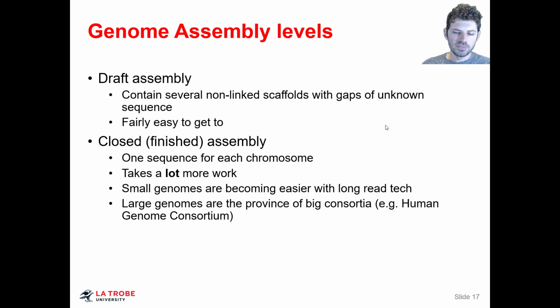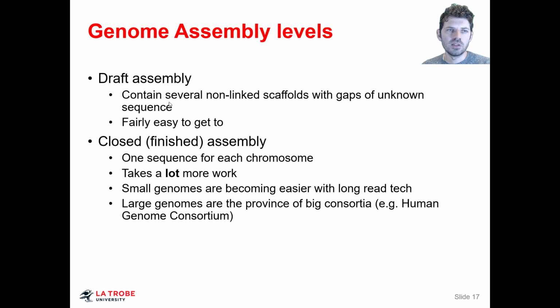Finally, in terms of genome assembly, this is quite a common practice in DNA analysis these days. However, most genomes aren't actually sequenced to completion. Most genome projects are sitting at the draft level, where you have a number of non-linked scaffolds and you don't know how they're arranged or what the gaps are between them.